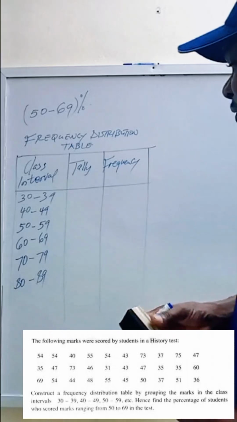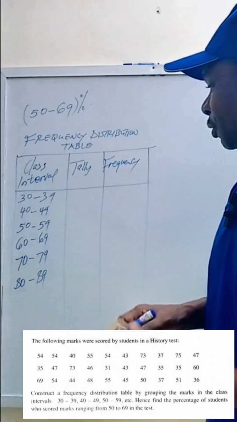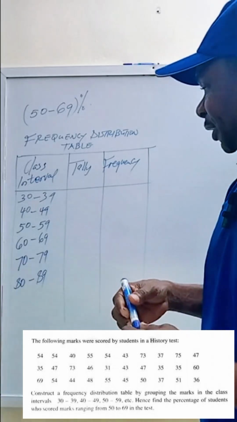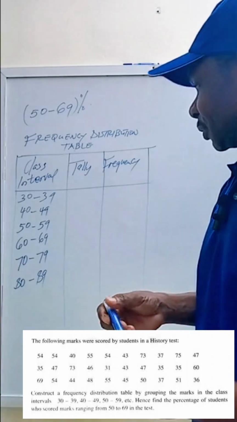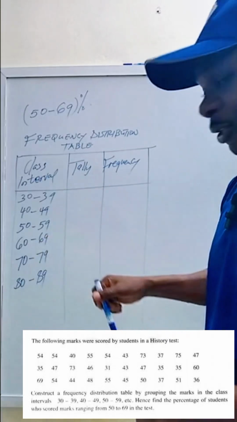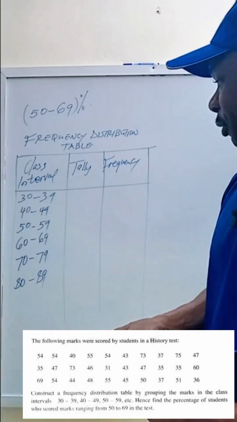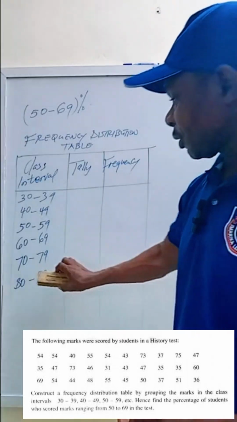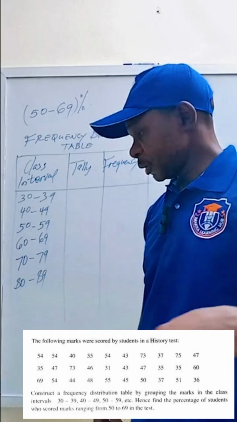But let's ask ourselves, do we really have the interval according to our marks? Do we have marks starting with 80? Assess the marks here, then tell me in the comment section if there is. If there is not, then we shall have to remove the whole of this interval. Please check.